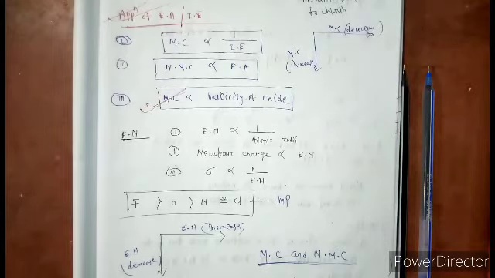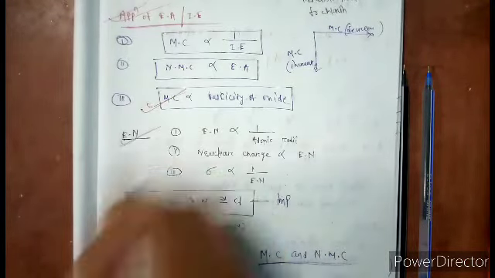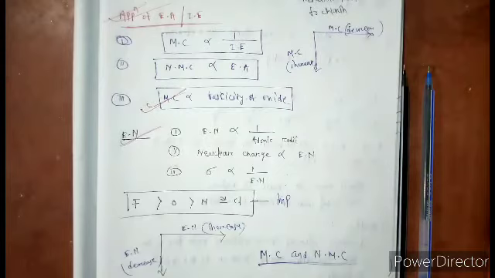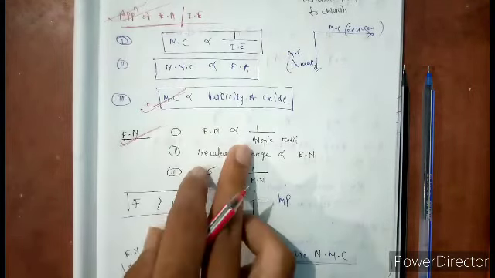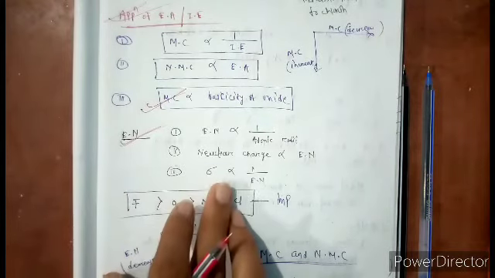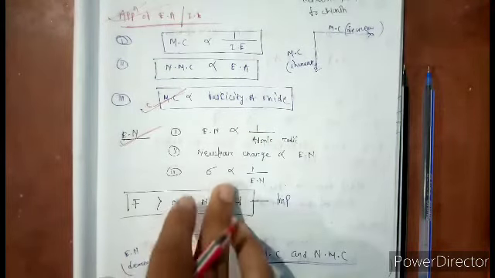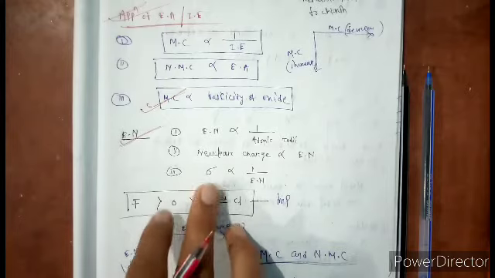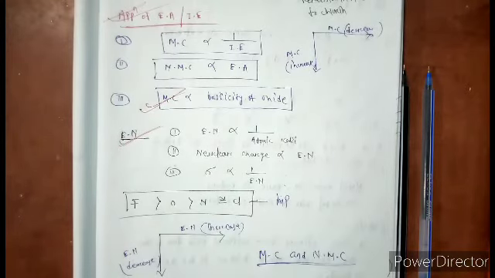Then come to electronegativity. What is electronegativity? The tendency of an atom to attract the bond pair of electrons towards itself is called electronegativity. Electronegativity is directly proportional to effective nuclear charge, but inversely proportional to atomic radii. Or electronegativity is inversely proportional to the screening constant, that is sigma.